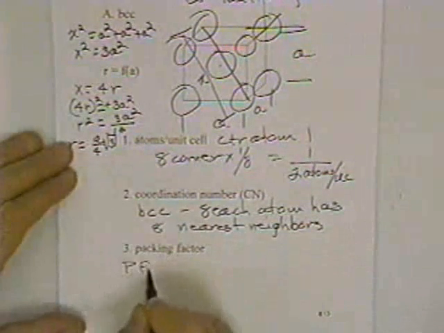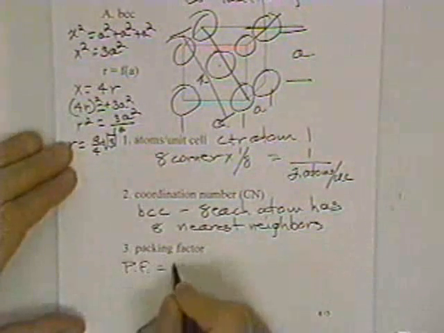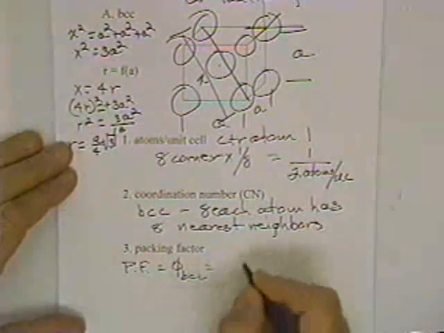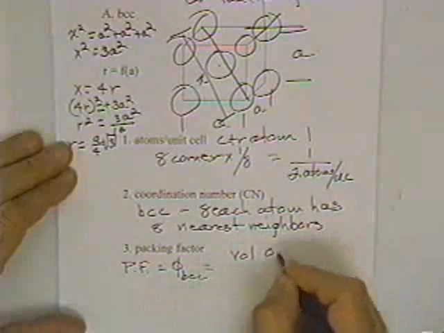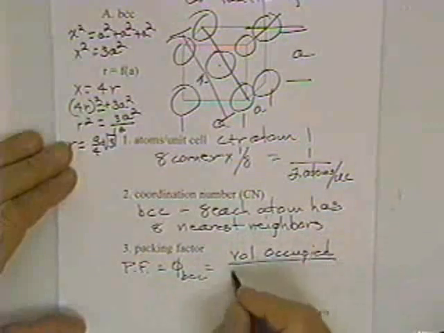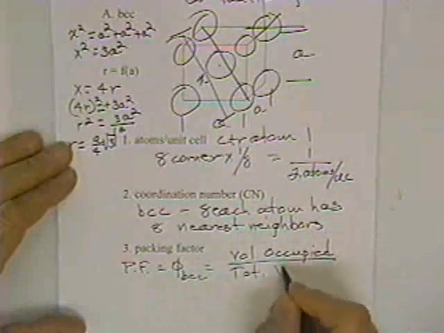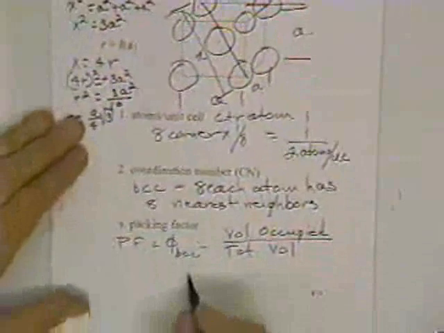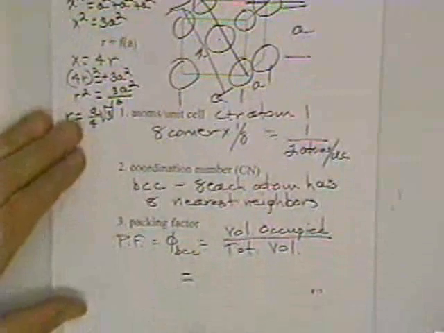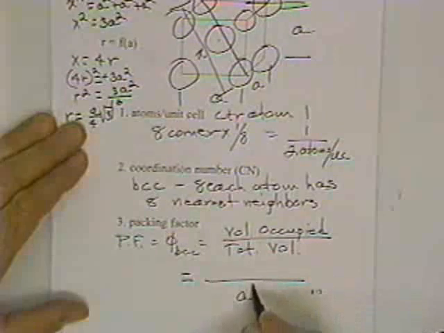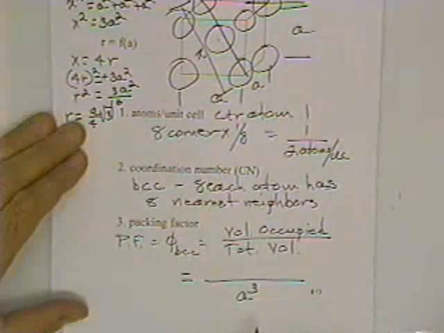The packing factor, PF, or sometimes you see it as phi, is equal to the volume occupied over the total volume. And if we work that out, the total volume is a cubed.